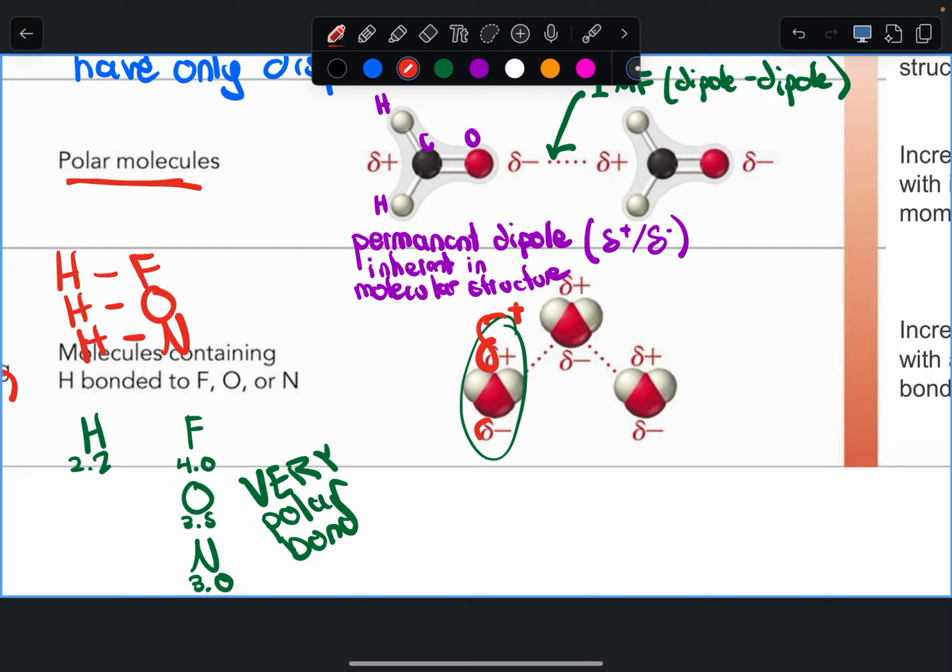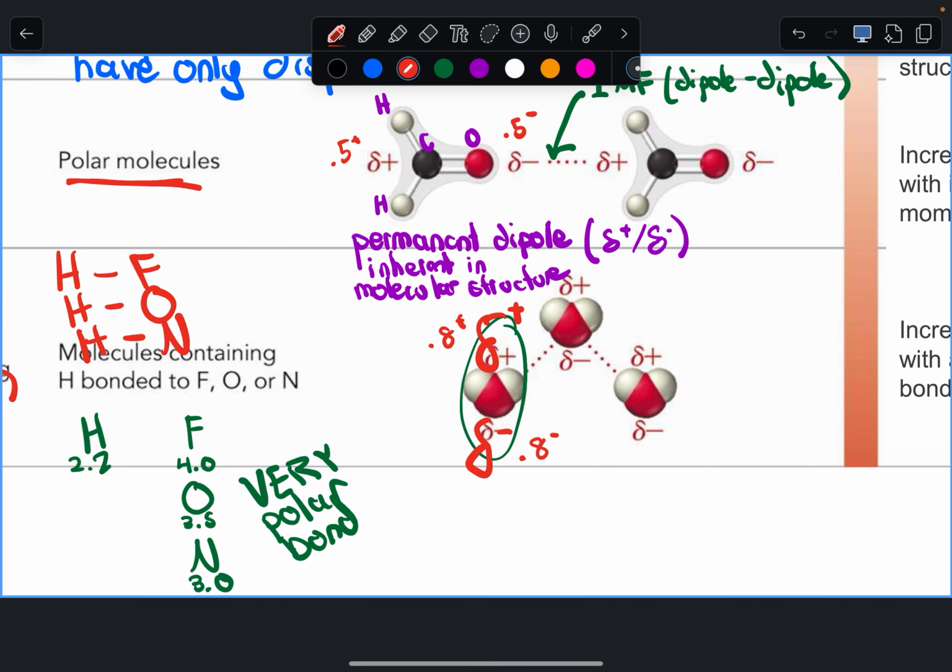Because it's very polar, that's going to create a larger difference in charge. I'm just making up numbers here, but maybe these are 0.8 negative and 0.8 positive, whereas the ones above are like 0.5 positive and 0.5 negative, okay?